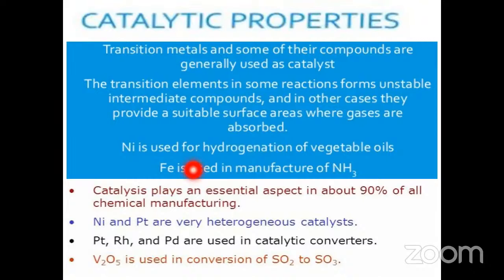Nickel is used for hydrogenation of vegetable oils, and iron is used in manufacture of ammonia. Nickel and platinum are heterogeneous catalysts, and platinum, palladium are used in catalytic converters. V2O5 is used in conversion of SO2 to SO3.